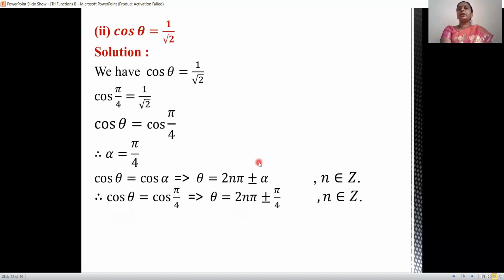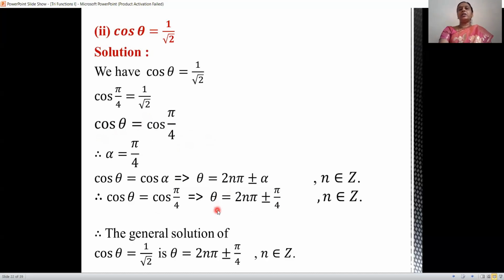What we are doing here is that our only aim is to find the value of alpha. If alpha is found out, then keep the value of alpha in the formula and it is the general solution. And to keep the value of alpha, first we have to check in which formula or in which remark this type of function occurs. Take that formula and keep the value of alpha.